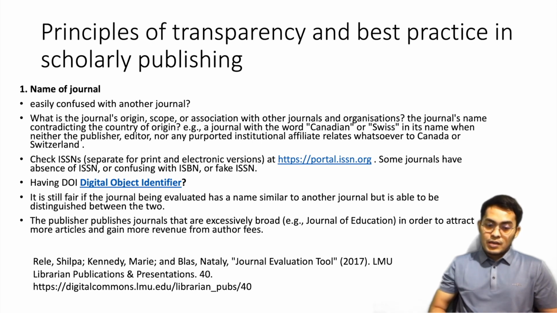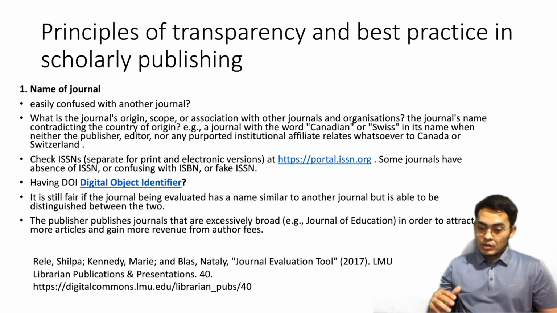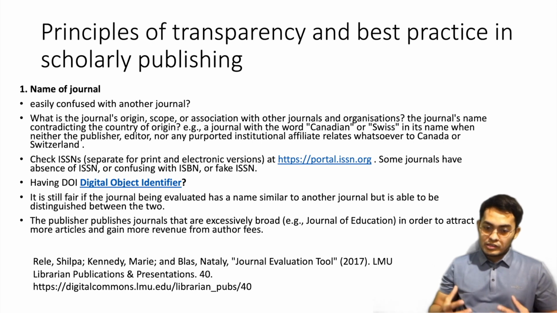Then there are publishers that publish journals that are excessively broad, for example, Journal of Educations, in order to attract more articles and gain more revenue from author fees. So you need to be careful with journals whose names are too broad, because they use the broad name to attract more articles and gain more revenue from author fees.